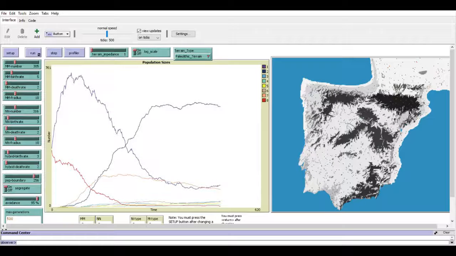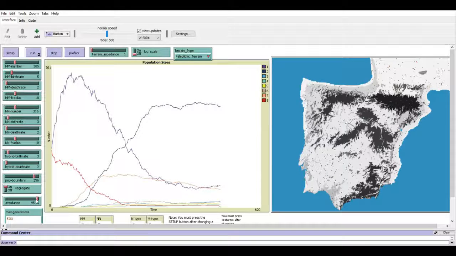Movement is modeled by having each agent move in a random direction from its starting point at the time step. The agent will move in that direction until a movement cost function is exceeded. Movement cost can be based on a log scale, based on the height of the patches that the agent moves through, or a linear scale.